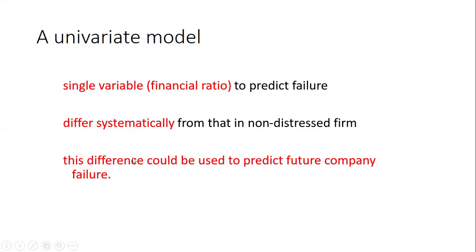So firms that they call non-distressed firms means that you are not failing. And their ratios, firms that they said are doing well, they were used as the base to compare with others, those that had failed already. So firms that were no longer listed were compared to firms that were still listed.